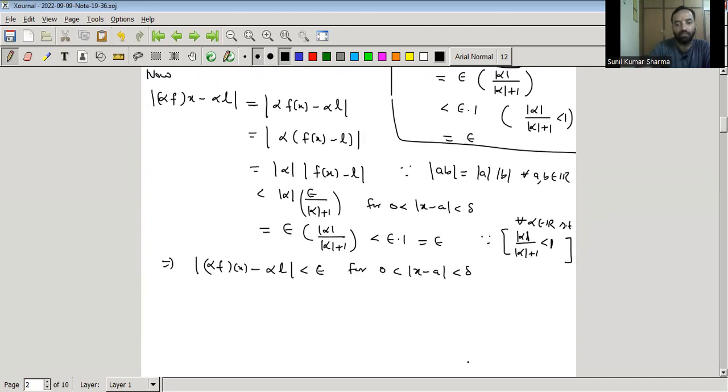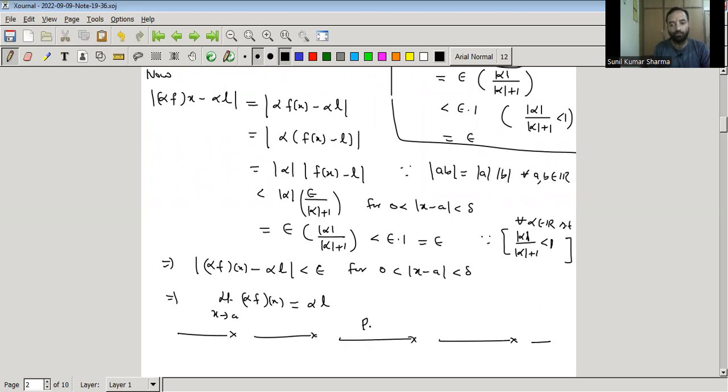This implies that limit x goes to a, alpha f at x is equal to alpha L. So again, you can use pause, ERP, pause, revise, and then proceed.